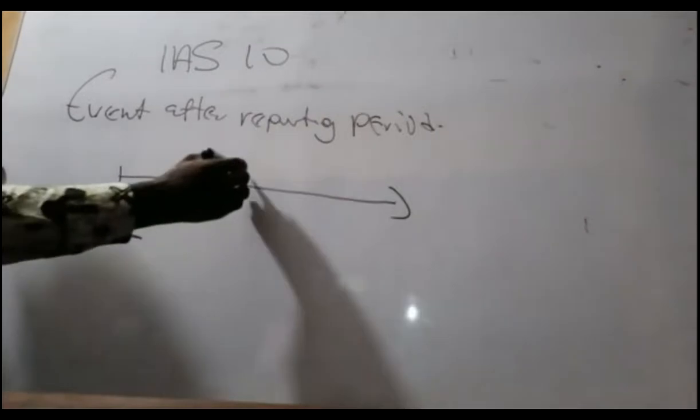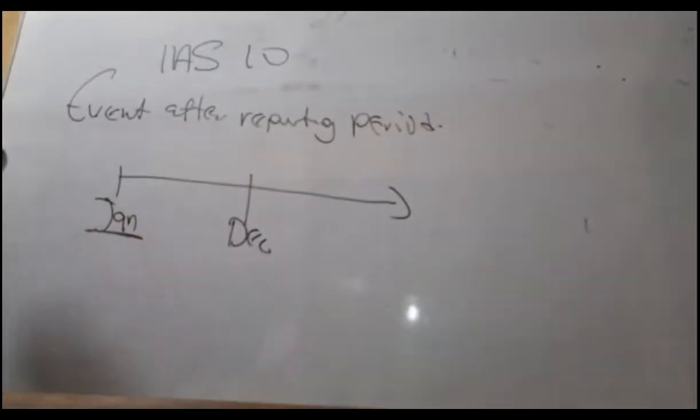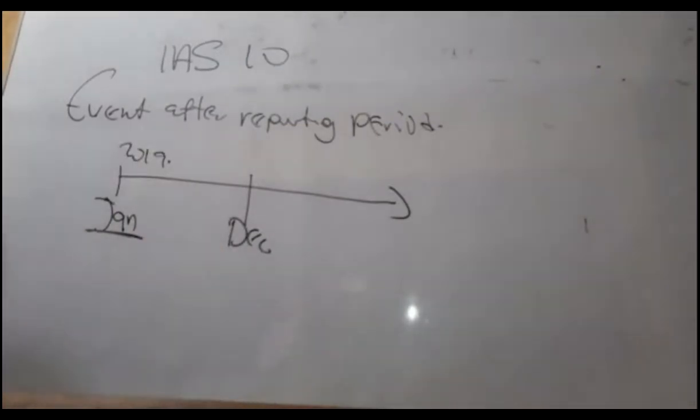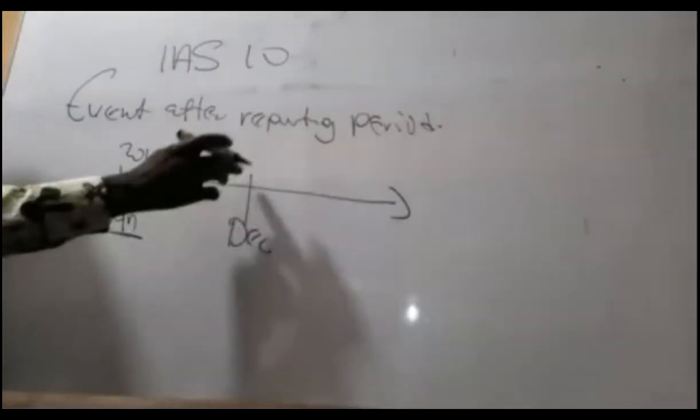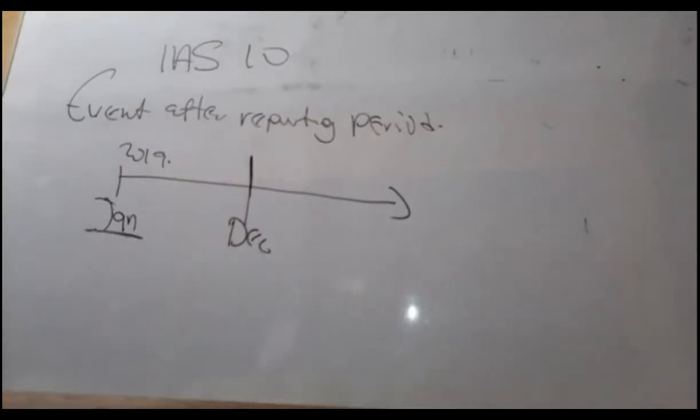December 2019, that year, the financial statement will end. So where will we prepare the 2019 financial statement? Is it January or December 2019? So December 2019, the financial statement must be prepared.